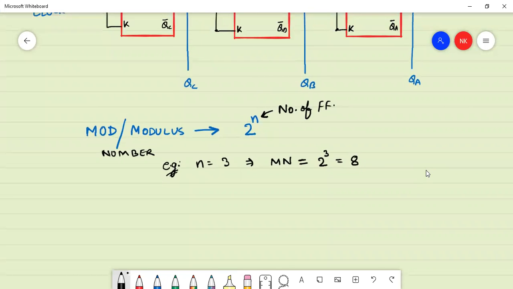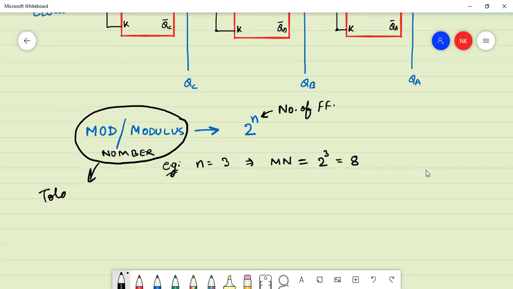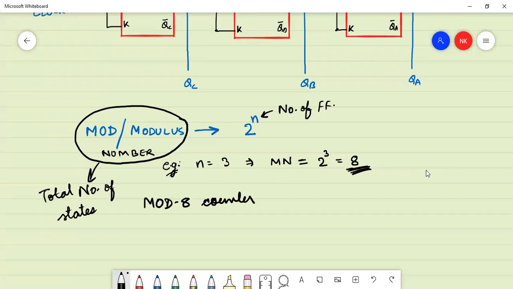So if we have a mode 8 counter, what does this mean?